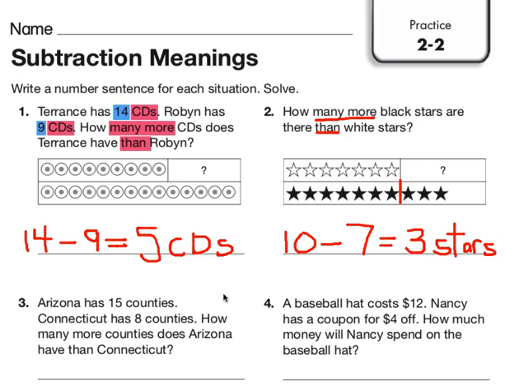Highlight or underline, however you want to bring out your numbers to the word problem, the label to the word problem, and then those important words like many more, than, so that you can tell the difference with a word problem if it's going to be addition or subtraction. Okay? If you have any problems, just ask when we come back to class because we'll go over these when you guys come back.